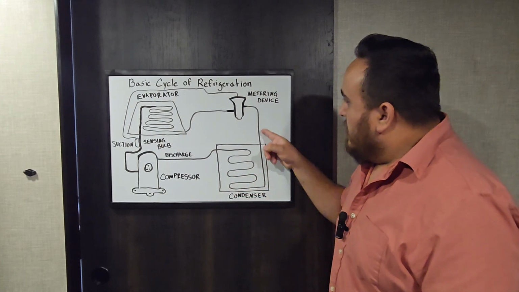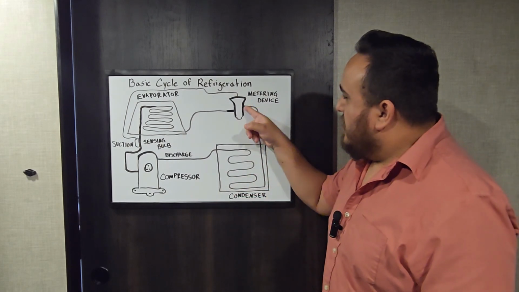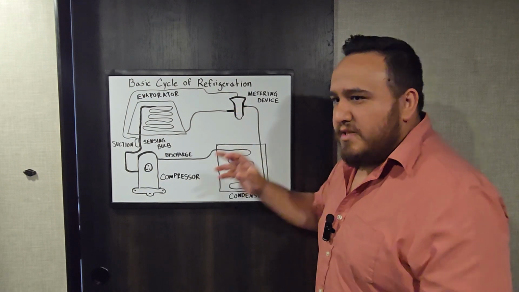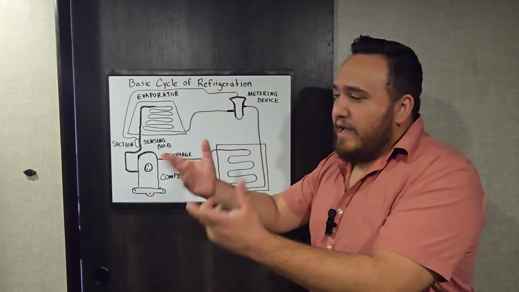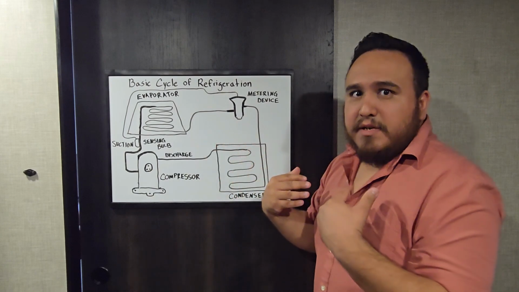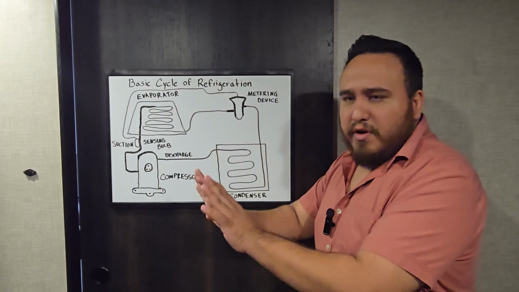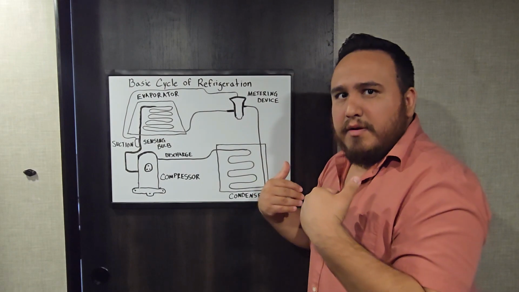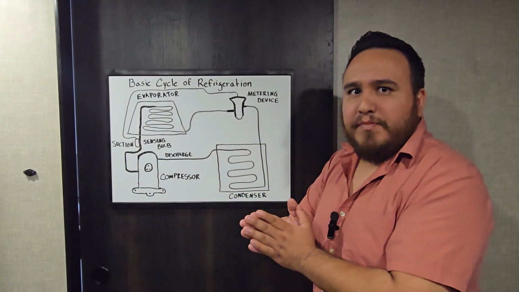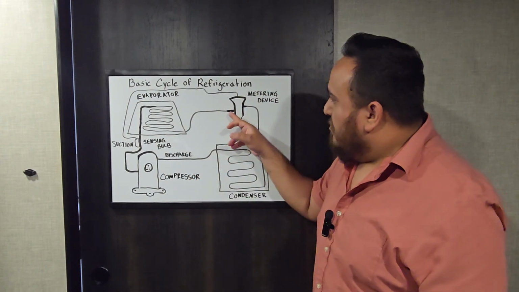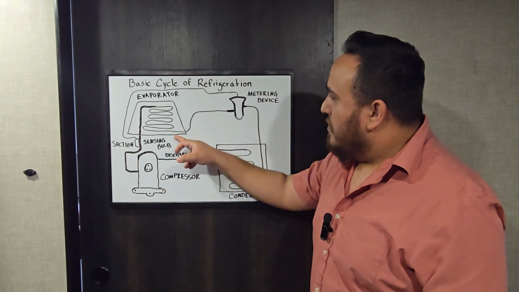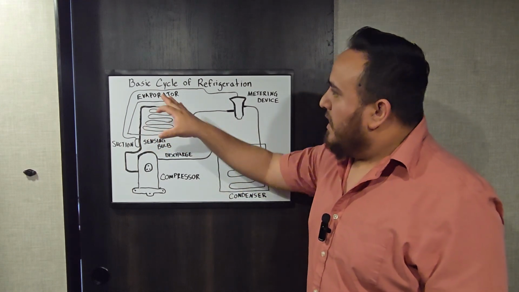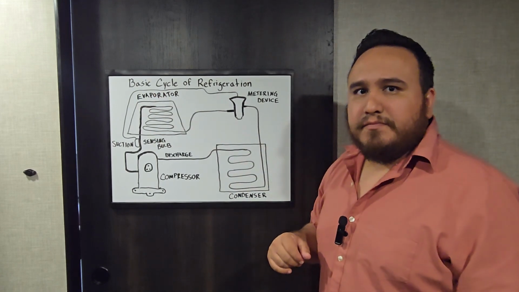You have all this liquid refrigerant coming into one side of my metering device, and there's something inside that says, hey, hold on, I don't need you all at once, so I need to meter you for a little bit. I need to allow you to pass through here, but only a little bit at a time. And so it's going to allow that mist and that spray to continue to drop and enter what's called my evaporator.